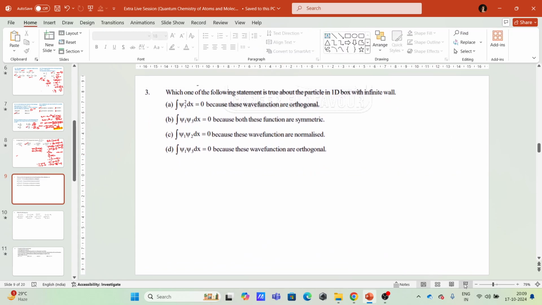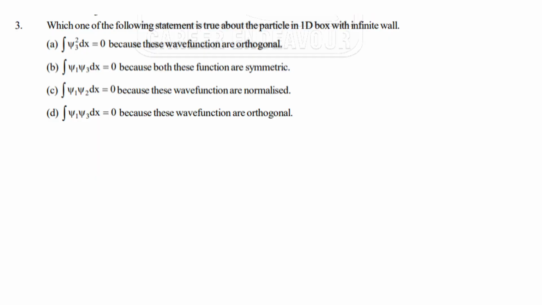Okay, so I have put it here. So the question number 3: which of the following statements is true about the particle in a 1D box with infinite wall?